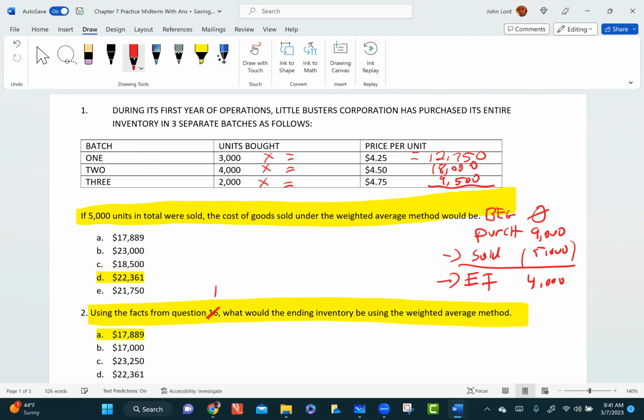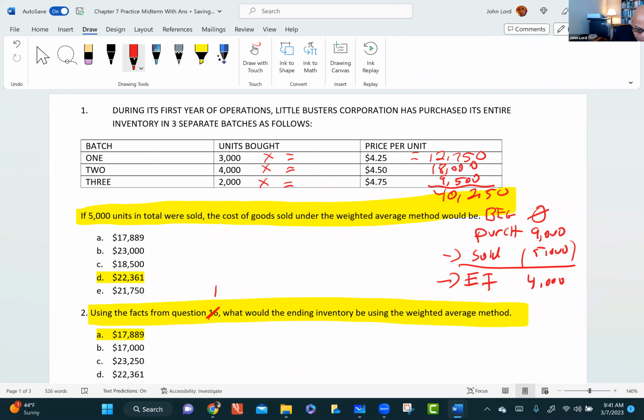Yes. Okay, good. So then I need to add those together: 12,750 plus 18,000, I can read my own writing, plus 9,500. I'm getting something like 40,250. Yeah, that's correct. Okay, good, thank you.